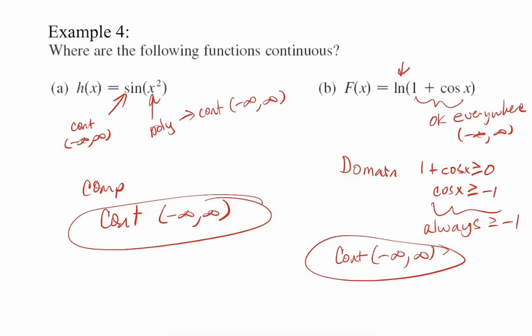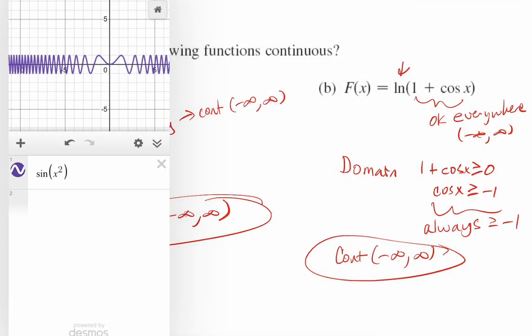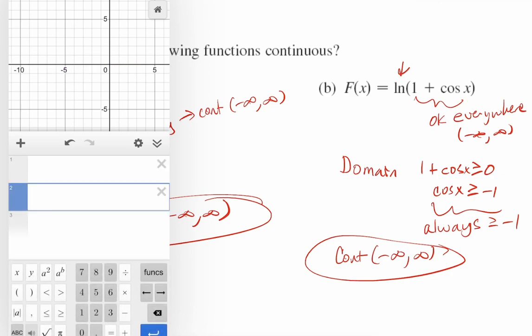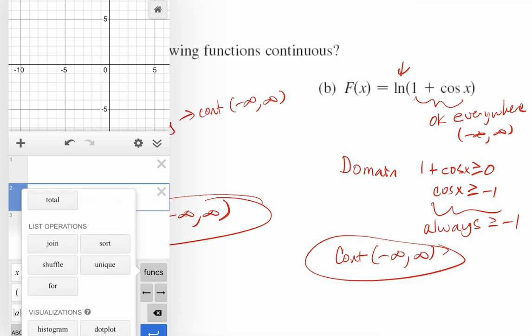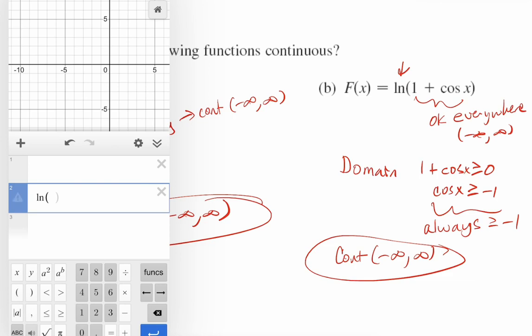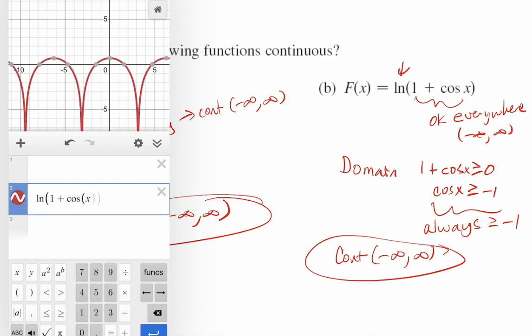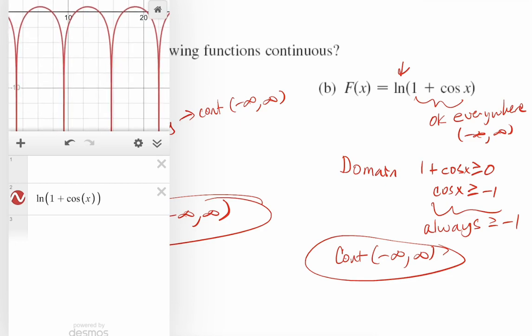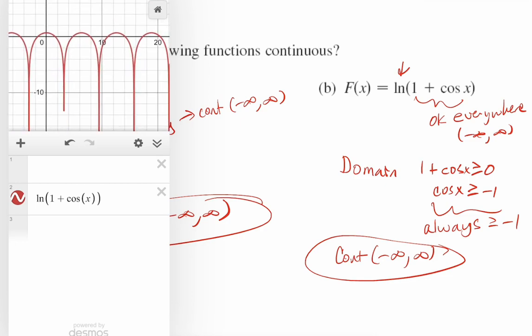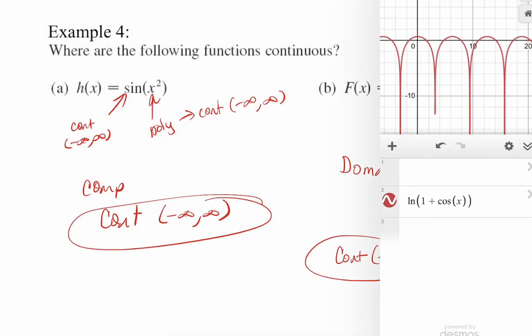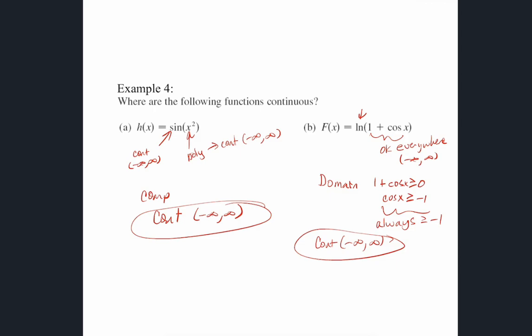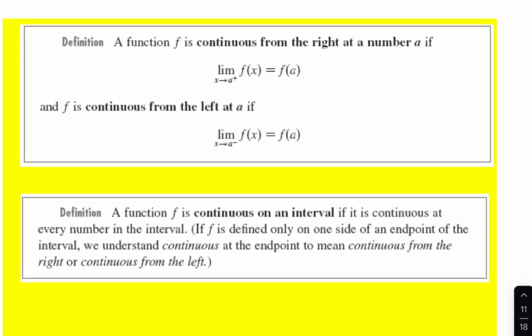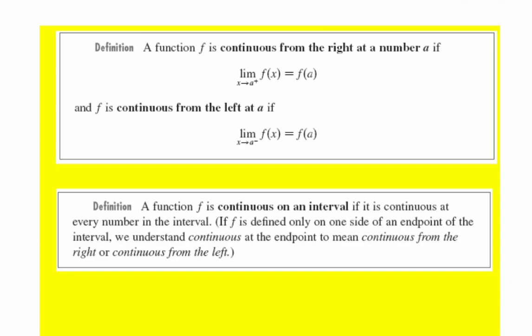So if we were to plug that into Desmos, the natural log of the quantity of 1 plus the cosine of x, it still works, okay? So that is example 4.